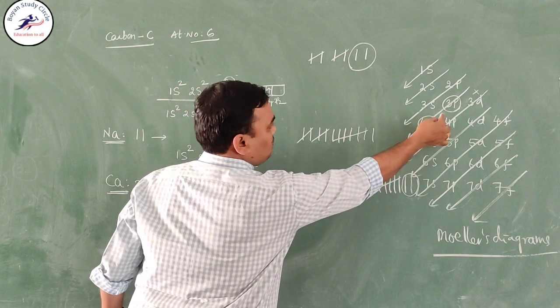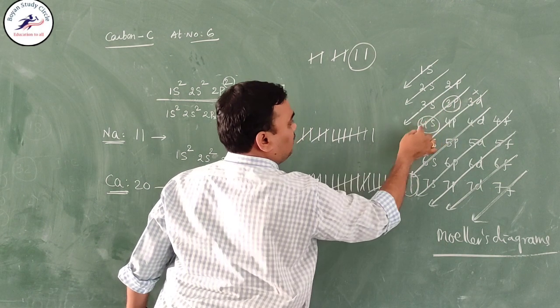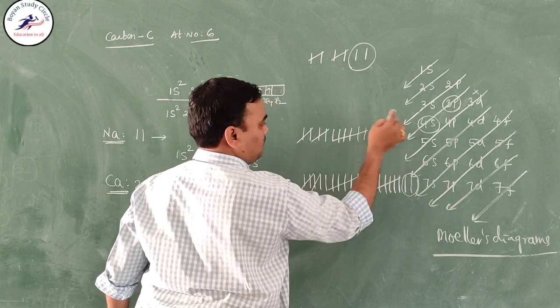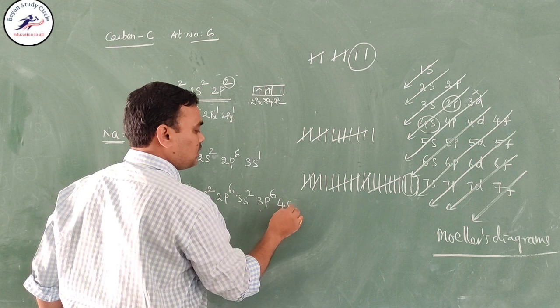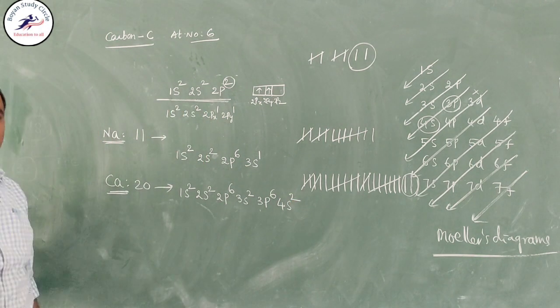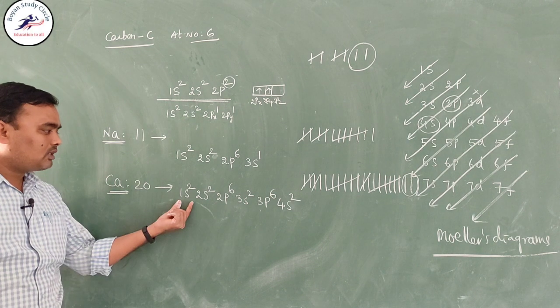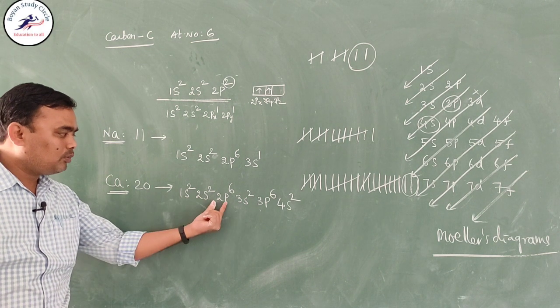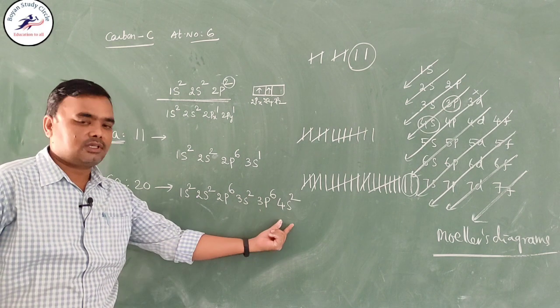The next orbital is not 3d; after 3p you come to 4s. In 4s a maximum of 2 can be filled, and 2 are available. So 4s2. The configuration is 1s2, 2s2, 2p6, 3s2, 3p6, 4s2.